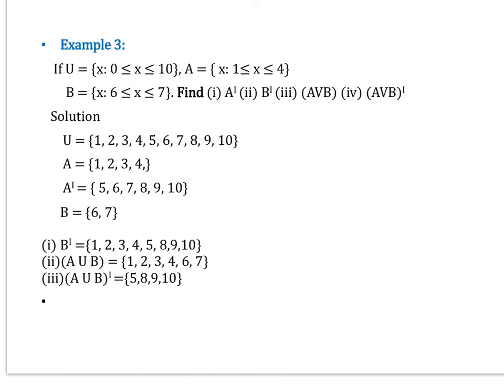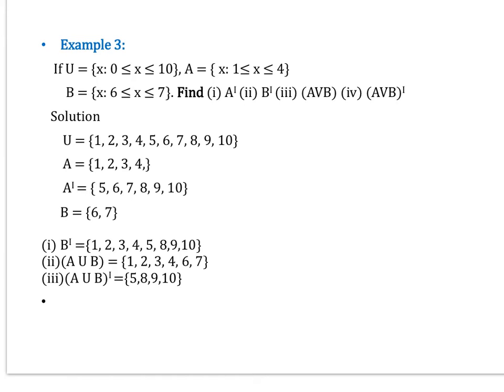And set A is equal to {x such that 1 is less than or equal to x, x less than or equal to 4}. Set B is equal to {x such that 6 is less than or equal to x, x less than or equal to 7}.